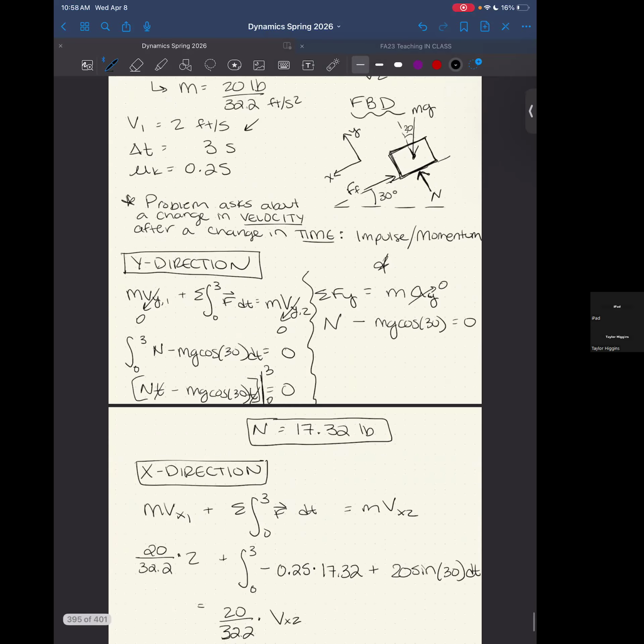But it doesn't matter, because when you evaluate it from 0 to 3, you'll have N times 3 minus 0, minus mg cosine 30 times 3 minus 0, equals 0. So you'll still be able to divide both sides by 3. No matter what, it reduces down to the same equation you would have gotten if you'd done the equation of motion. Does that make sense?